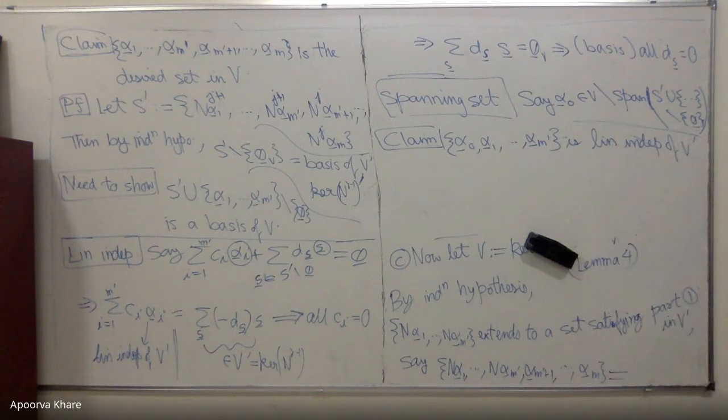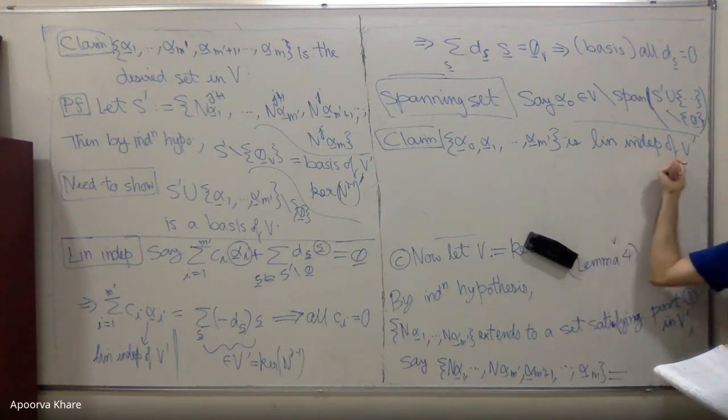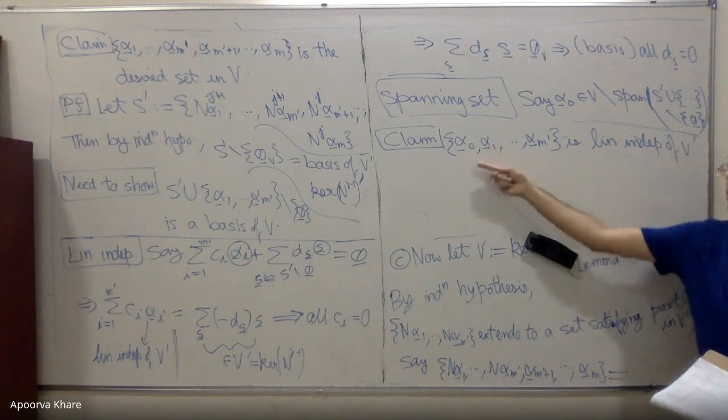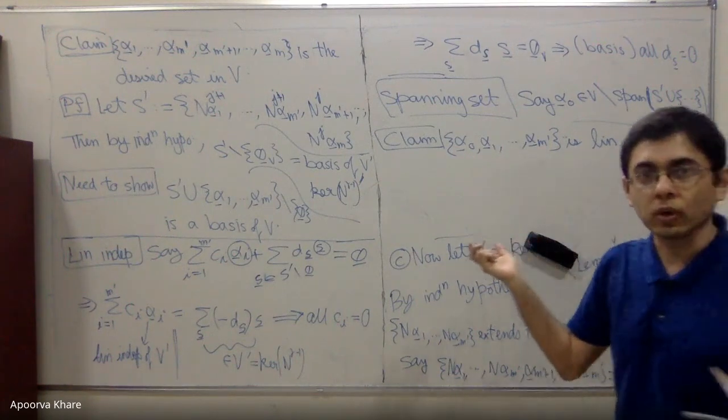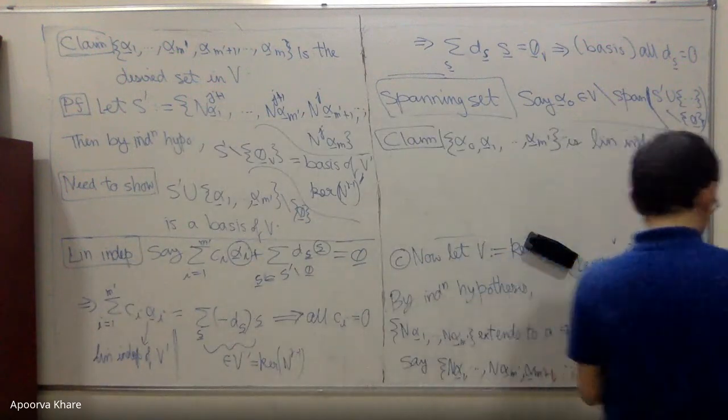And why is that a problem? Because this m prime was said to be the maximum number of such vectors which are linearly independent of V prime. Now I am producing m prime plus 1 many elements. What's going on? How can that happen? So that would be a contradiction that would prove the theorem.